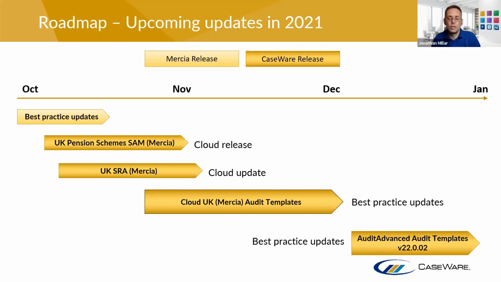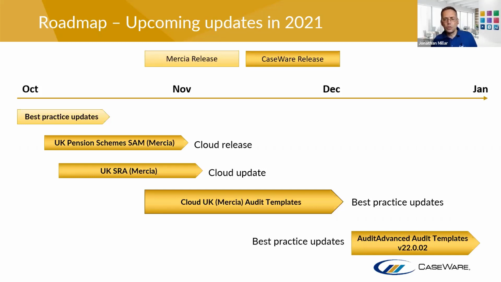As soon as the audit procedures manual is available, we will get that to you in our download section. And then we'll gradually release this through our cloud audit products as we get the final manual documentation from Mercia.